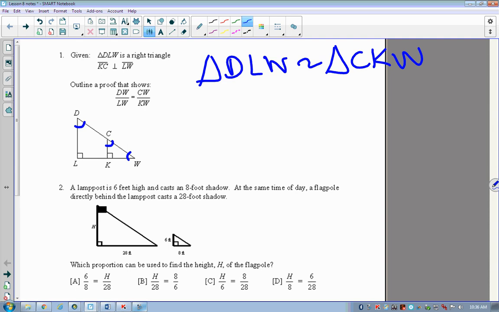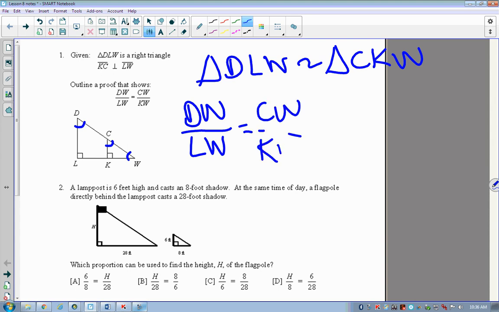Okay, so because these two triangles are similar, then they are proportional. Okay? Questions? All right. But you see how I got to say that they were proportional first. Okay, I gotta prove that they're proportional first.